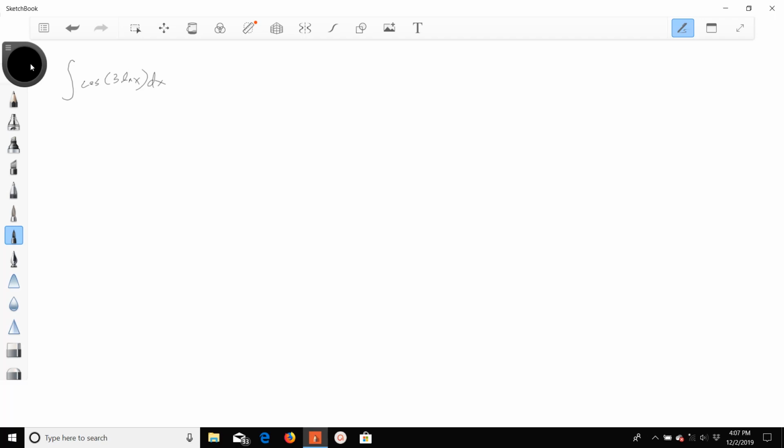Here, let's do it. I kind of want to illustrate it. So let's let u be 3 ln x. Then that's equal to the integral of cosine of u. Oh, and by the way, that means that du is 3 over x dx. So, oopsies.